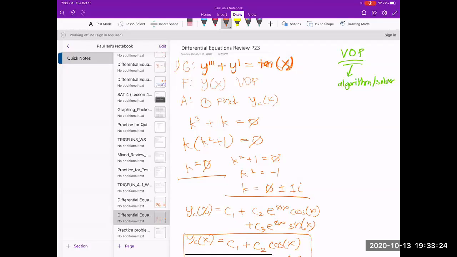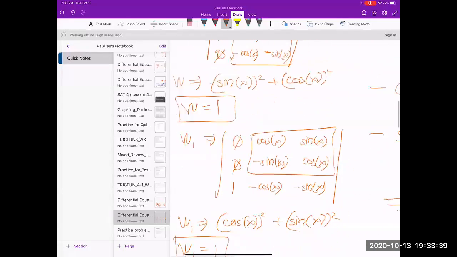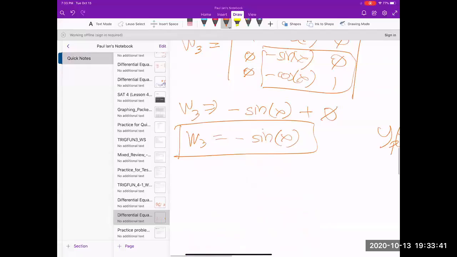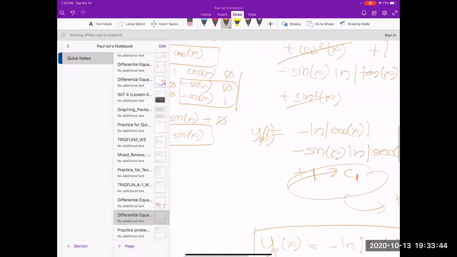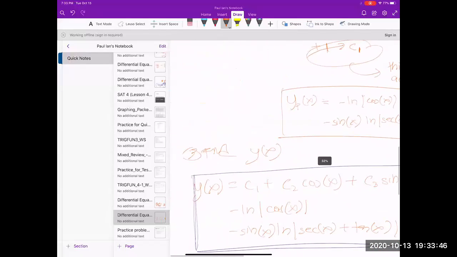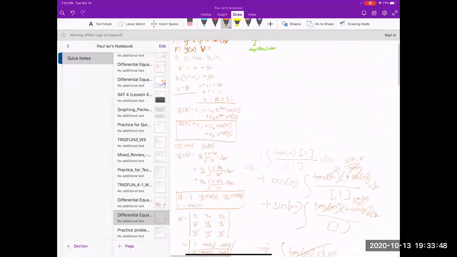And then what you have to find is y of x. I think this is a general solution. Yeah, it looks like you're only supposed to find the general solution.